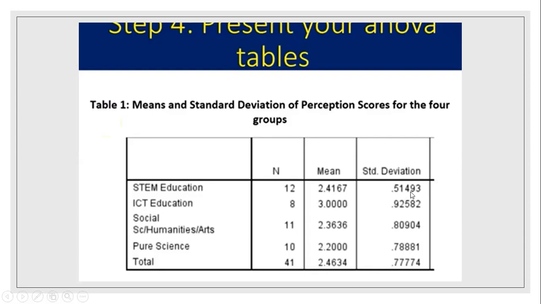So this one too, you will make it into 2 decimal places. This will be giving us 0.52. This will give us 0.53. This will give us 0.81. This will give us 0.79, while this will give us 0.78. So this is one of the tables that you will present.